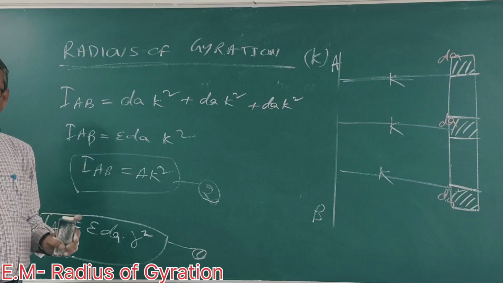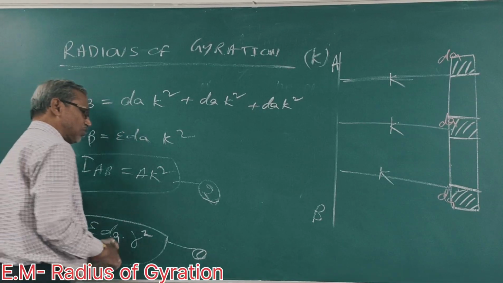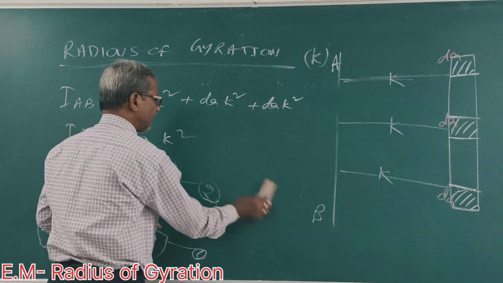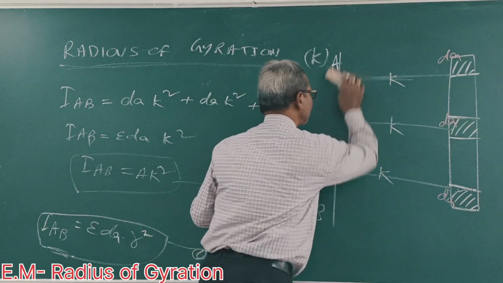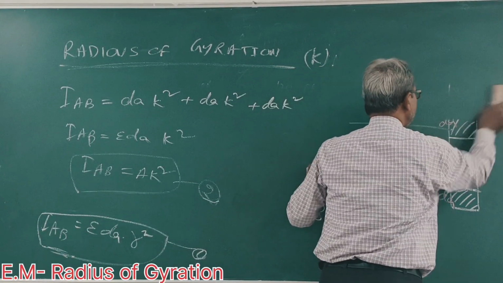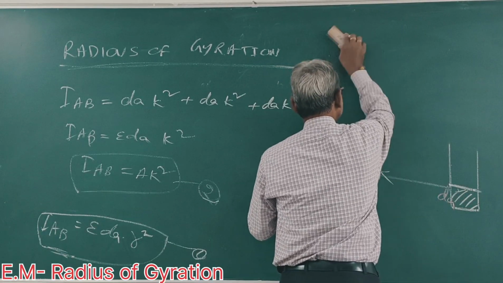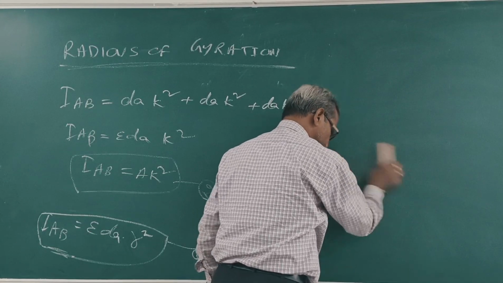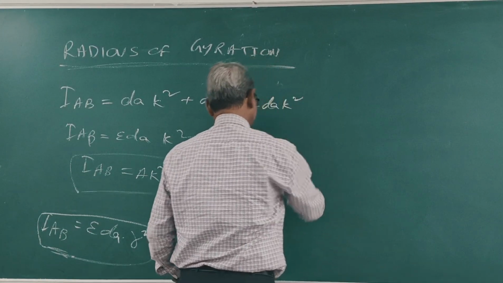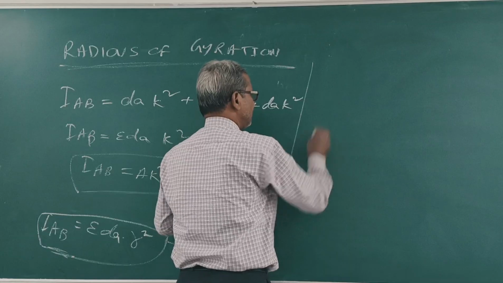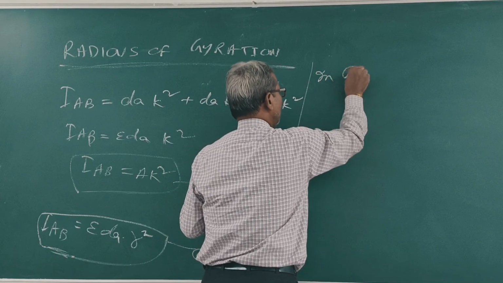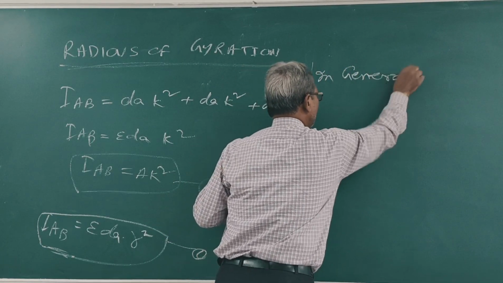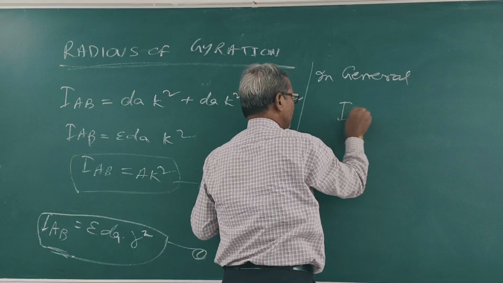Clear? So what is k equal to? In general, I is equal to A k square.